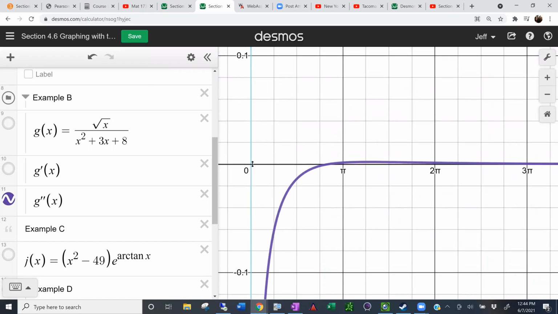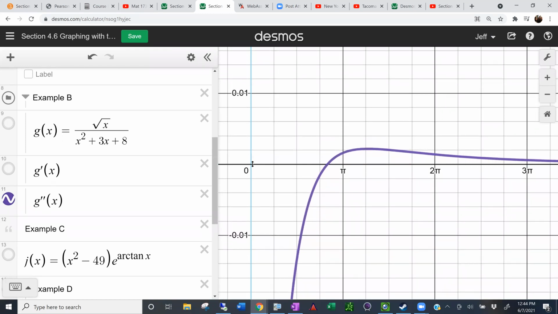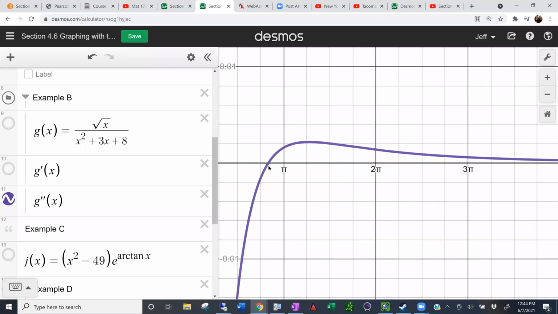So I'm going to zoom in some more on the x-axis and see that, oh, it does indeed cross the x-axis at this point, about 2.618. So x, g, and g double prime. So 2.618. Build our little tables here.